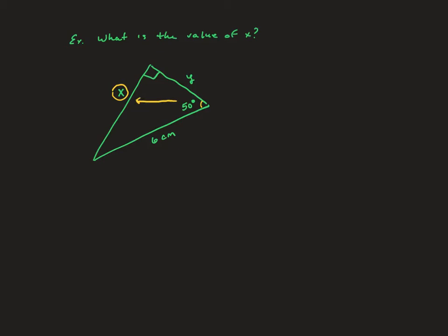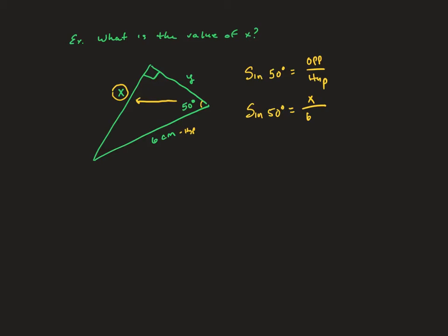If I'm dealing with the opposite length and they've given me the hypotenuse, that tells me the useful trigonometric ratio will be the sine function. So the sine of 50 degrees is the opposite over the hypotenuse, so the sine of 50 degrees is going to be x over the hypotenuse, which is 6.